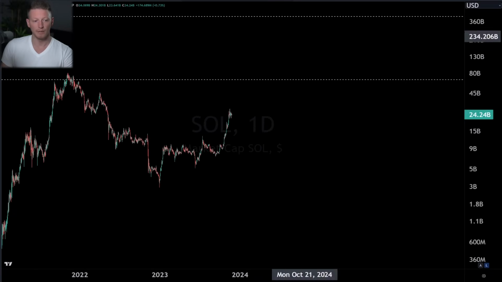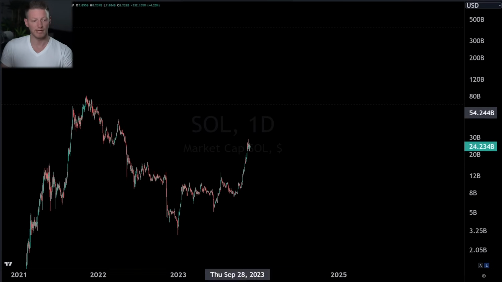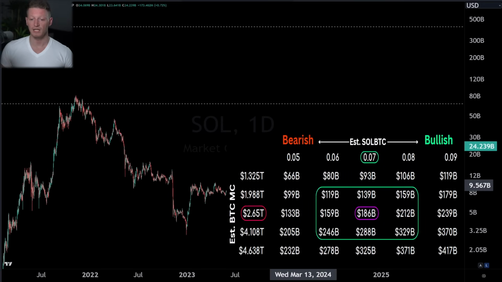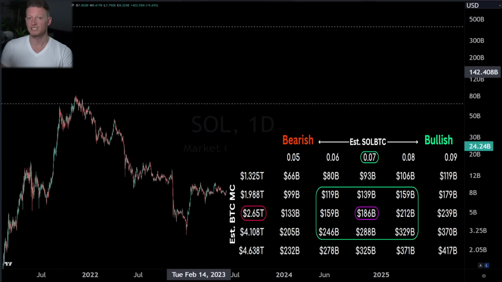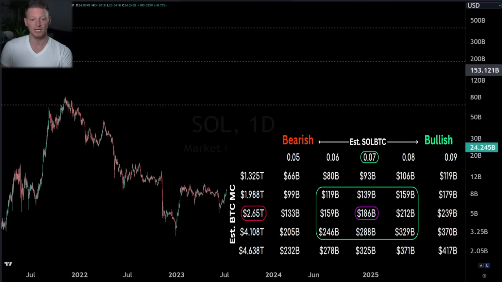So we can just come over to the Solana market cap. So now we're just looking at Solana in terms of price. So if Solana hit that 0.07 level and Bitcoin hit that $2.65 trillion market cap level, that would give us the expected market cap, like we said, of right around $187 billion.